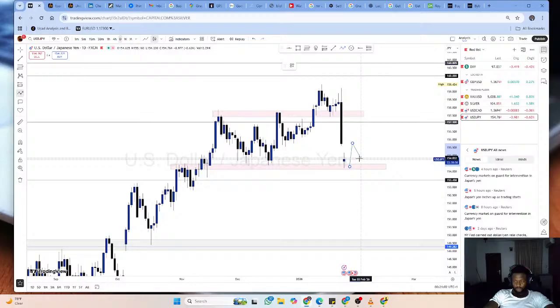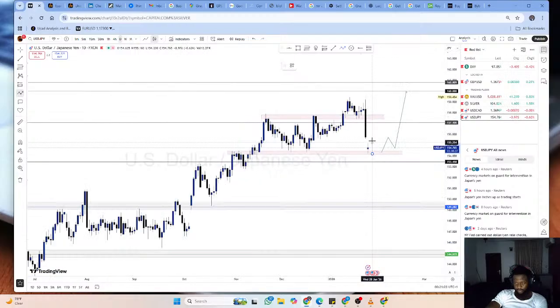Instead, a retracement to fill up, a break below, a retest, and down to 194. That's my bias on UJ, and those are the pairs I'm looking at this week.